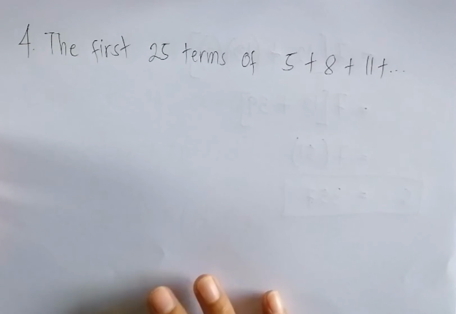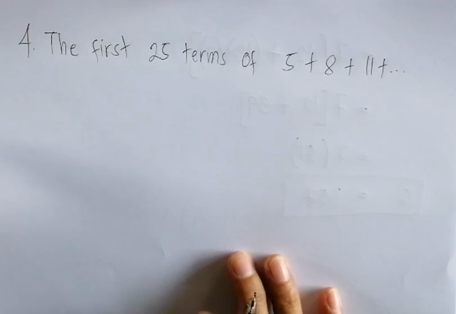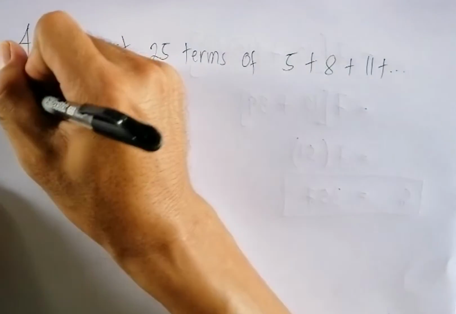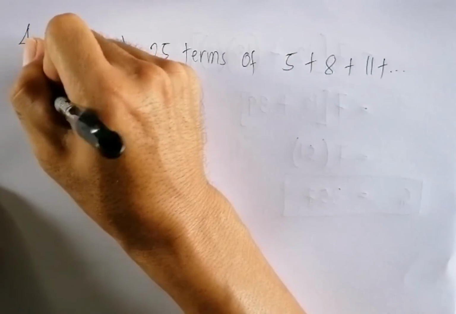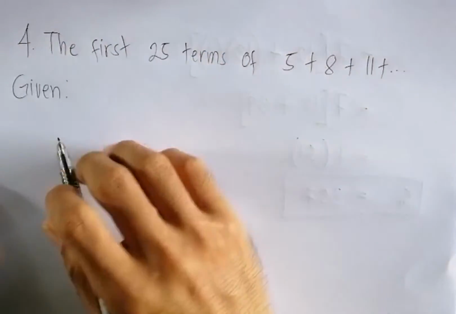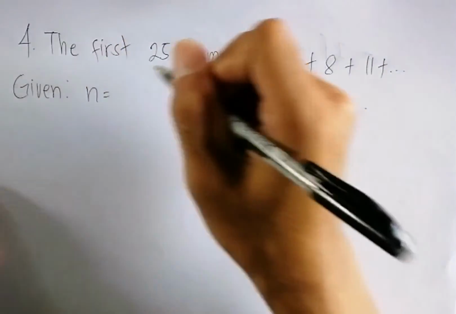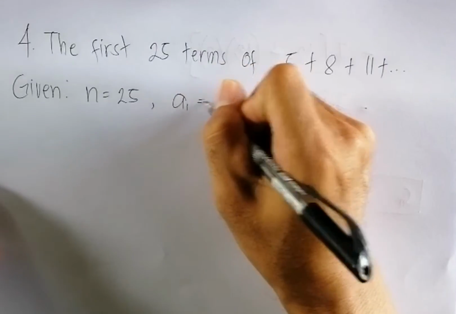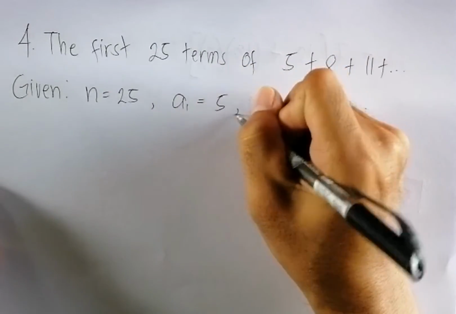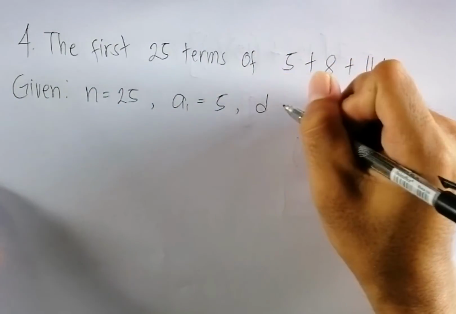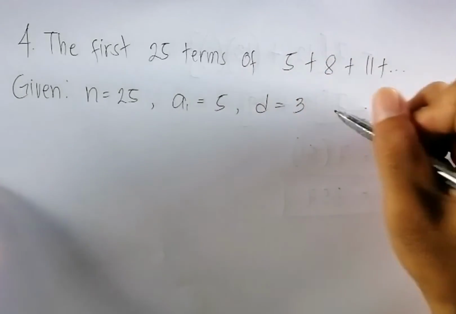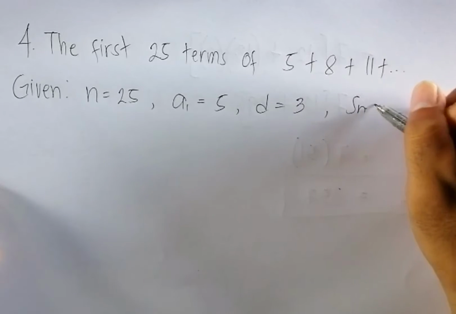Number 4, the first 25 terms of 5 plus 8 plus 11 plus dot dot. Identify first the given. So n is equal to 25. A sub 1, or the first term, is 5. The common difference is 3. Now find S sub n.